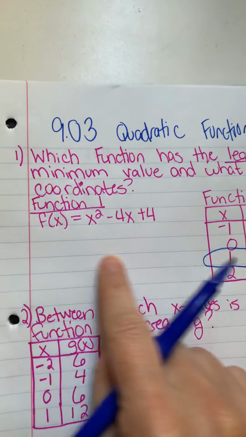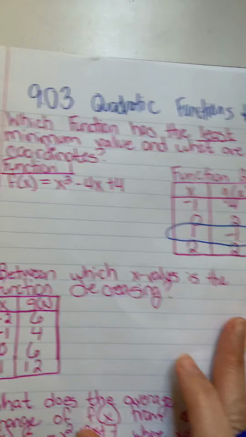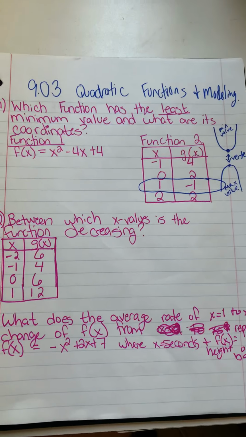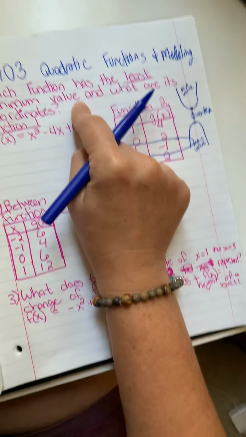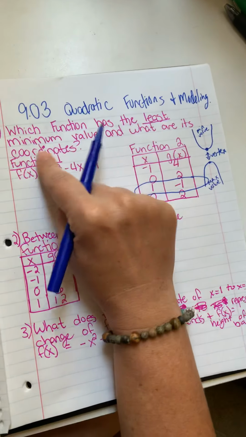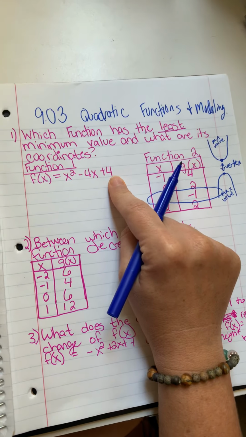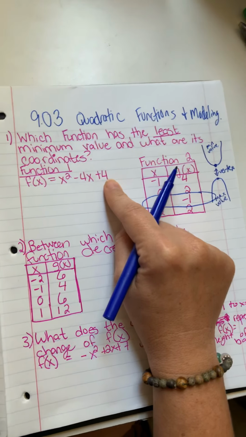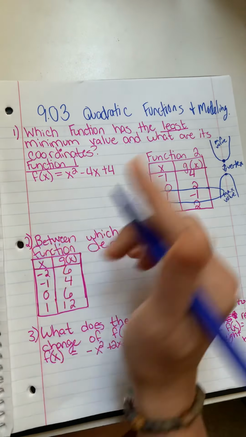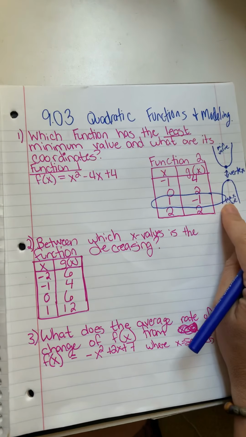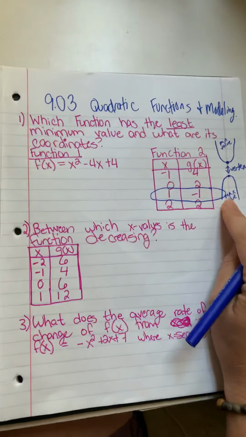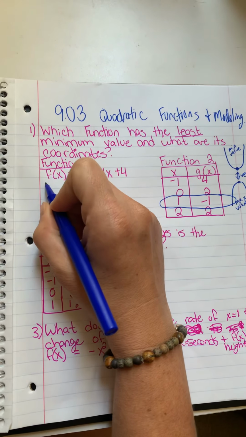Now I'm going to do the same thing here, but I need to find my minimum value from this equation. I'm going to use the formula for axis of symmetry, because the axis of symmetry will tell me at what x value my vertex is.